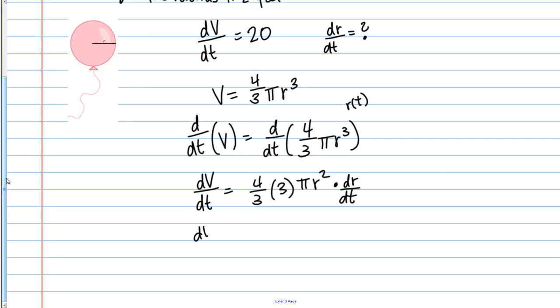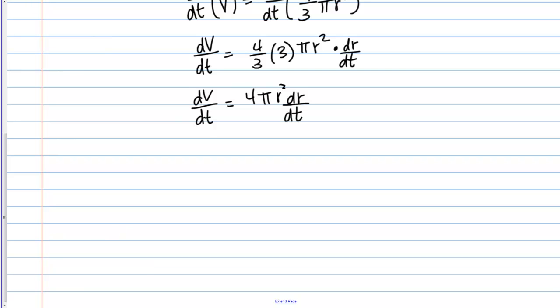Okay, and then I can clean this up a little bit. So 4/3 times 3 is 4. So I get 4 pi r squared dr/dt. And this is my derivative with respect to time. Okay, so what do we do next? Well, now I'm at the point where I can start plugging some values in.